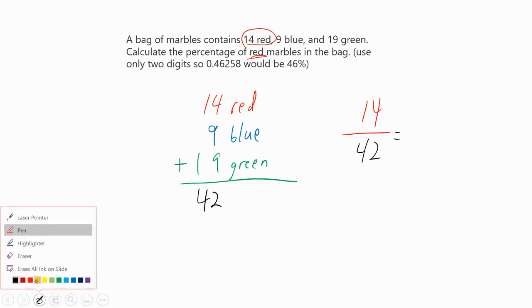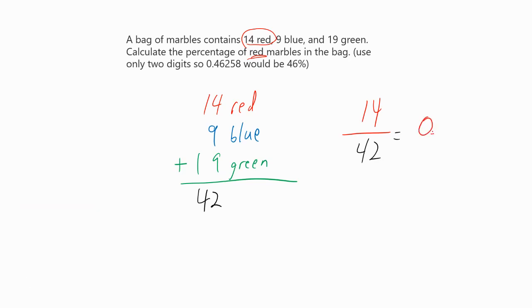And hopefully you learned at some point that for percentages, you multiply that by 100% to get it to equal a percentage. That equals 33%. So you could have put 33% or 33.3. I think I did ask for 2 digits. So 33 would have been good.